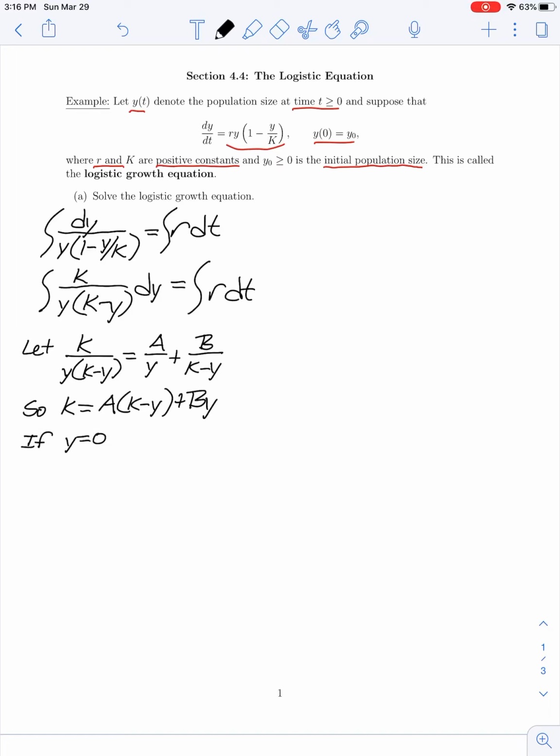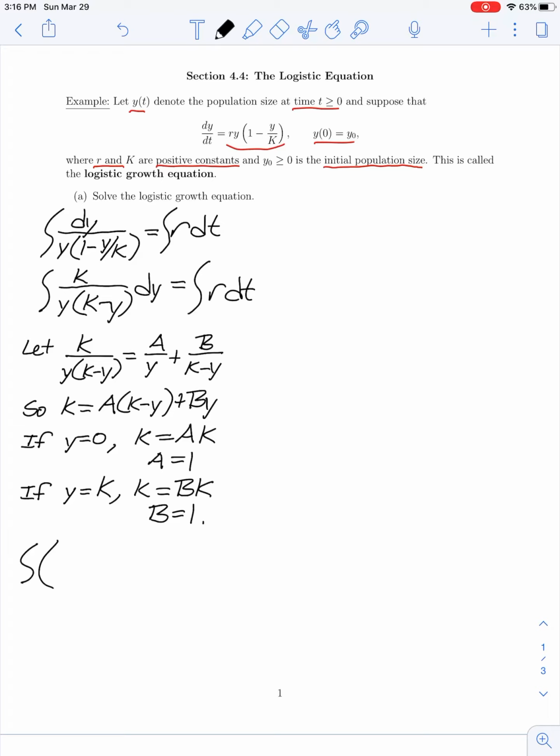So if I want to solve for a, I could substitute y equals 0 into this equation to eliminate the b term, and we're left with k is equal to a times k, which implies that a is 1. And to solve for b, if we let y equal k, we have k is equal to b times k, so b is also 1.